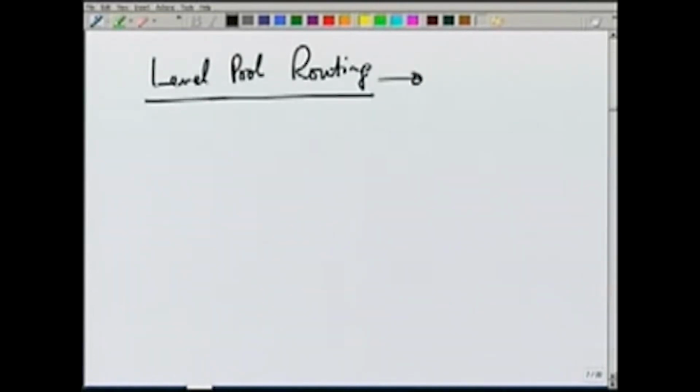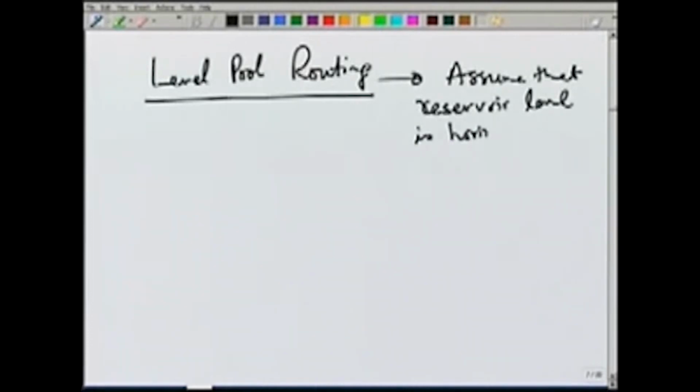Level pool routing, because we assume that reservoir level is horizontal. So, we will ignore any changes in the water level, any profile occurring like this.